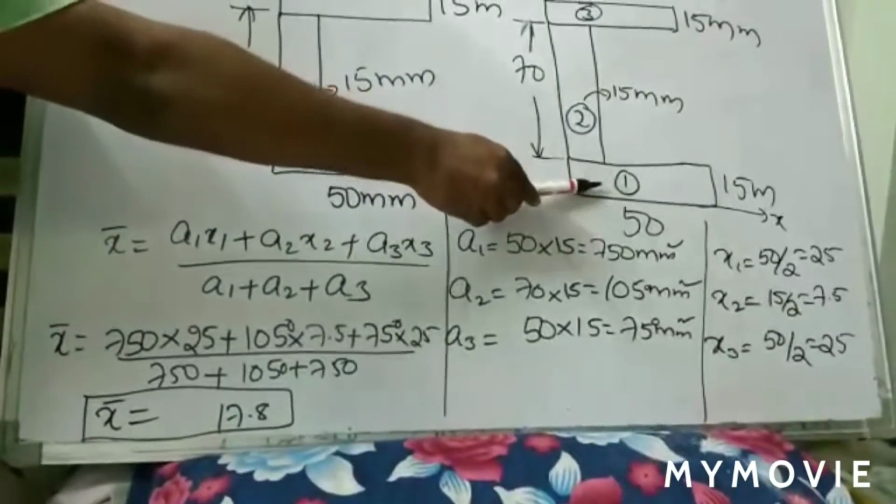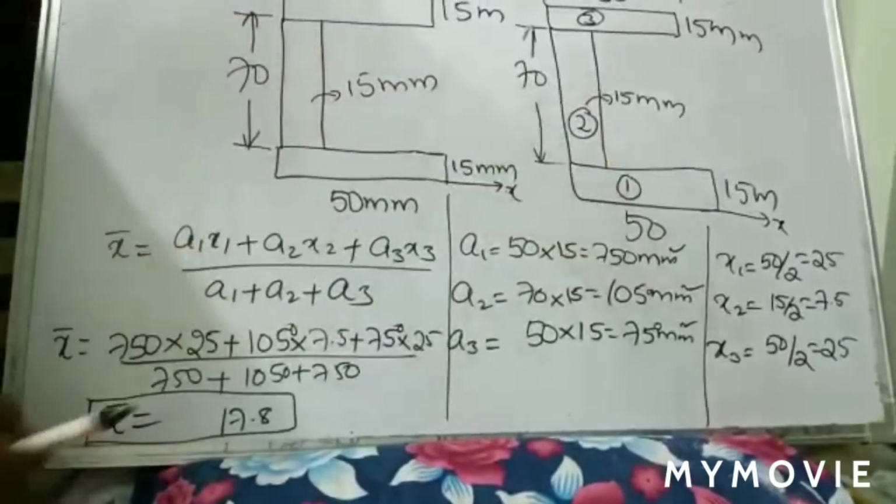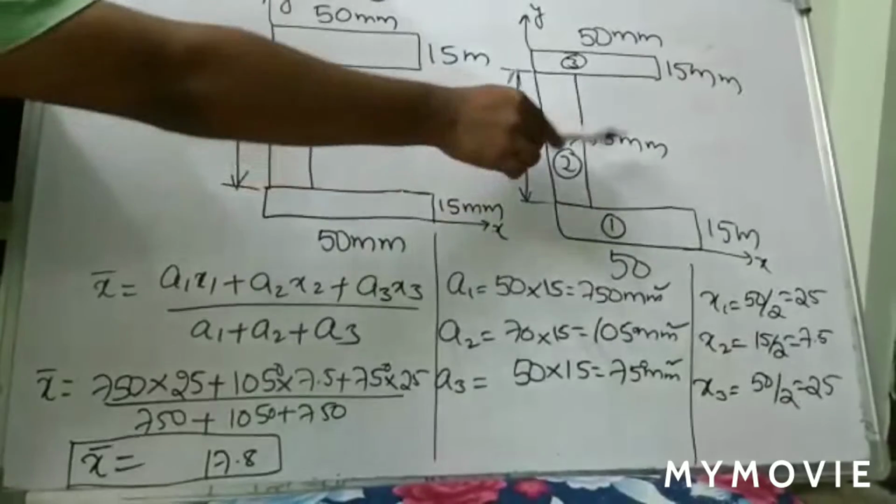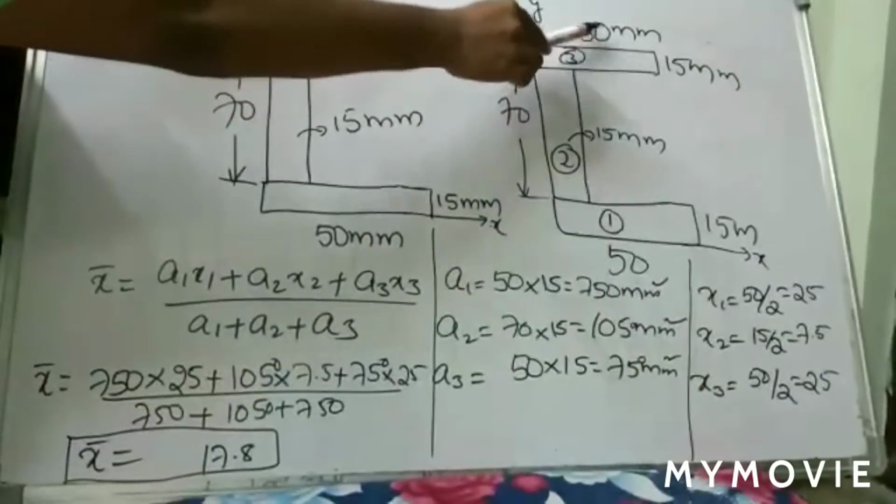The a1 block has dimensions 15 into 15. The second block is 70 into 15, and the third block is 15 into 15.